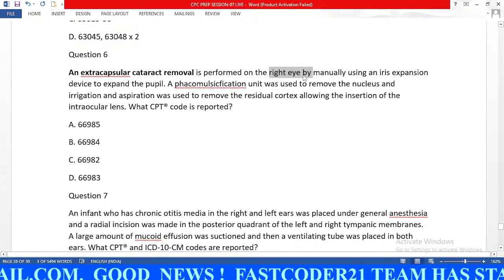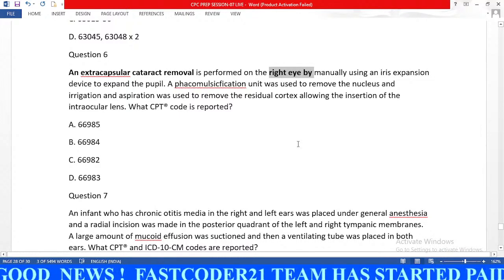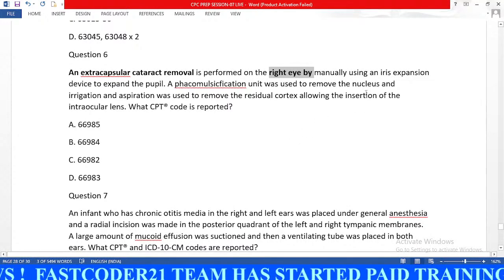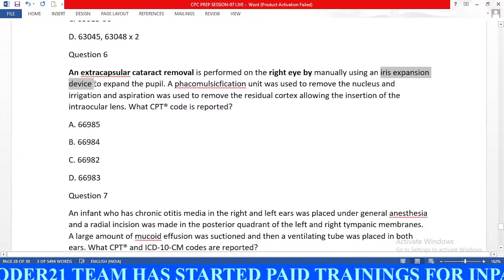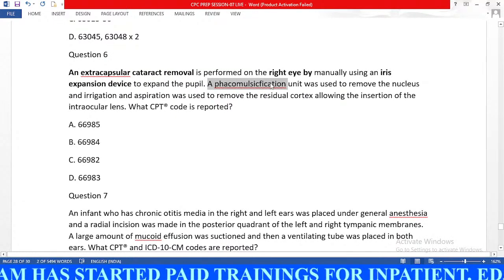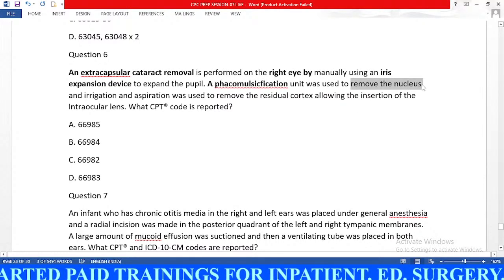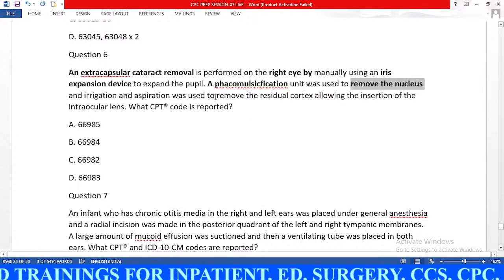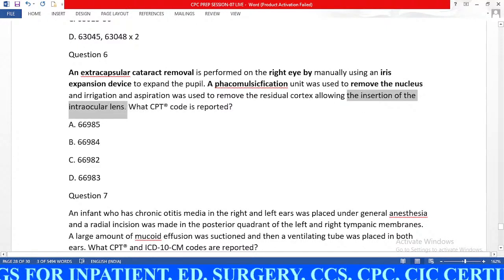In this material we don't have any lateralities, so you need to understand lateralities also. Iris expansion device is also one keyword, and phacoemulsification is the exact procedure, and to remove the nucleus, this is also one keyword, and irrigation and aspiration was used to remove the residual cortex, followed by the insertion of the intraocular lens.